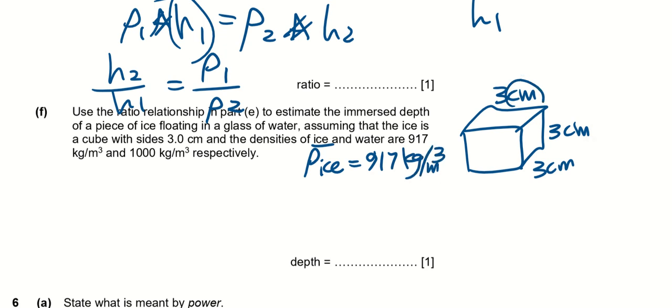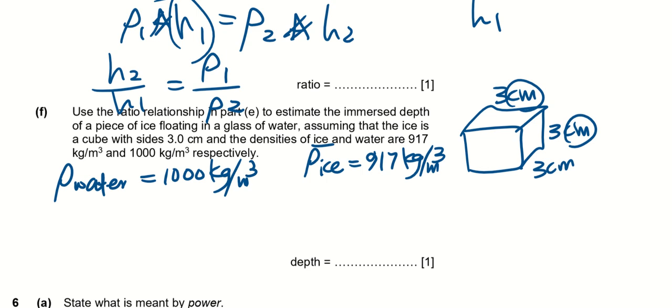You see that the units are really different, so later we need to do some conversion. Water, rho water, is 1000 kg per meter cube. We are supposed to estimate the immersed depth of a piece of ice.